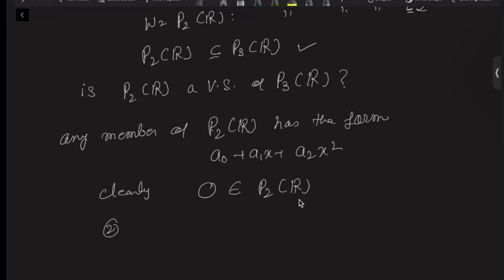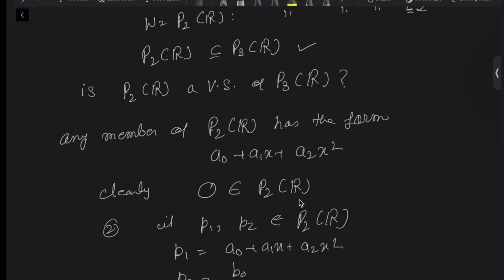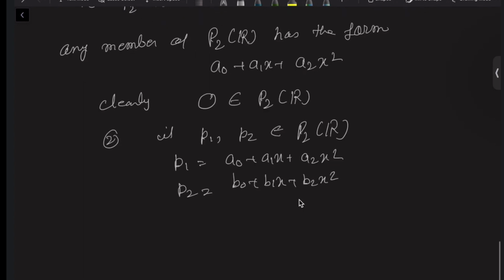The second condition is, if P1 and P2 are in P2 of R, what about their sum? If my P1 has the form a0 plus a1x plus a2x square, and P2 has some form b0 plus b1x plus b2x square, what about my P1 plus P2?